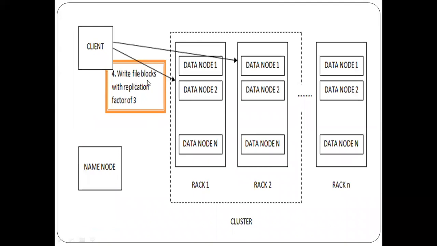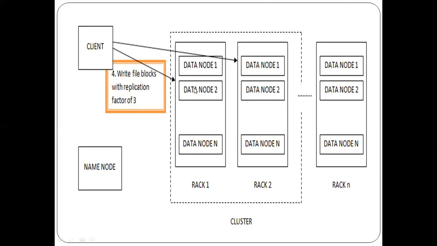Fourth step, client will write the data blocks in the data nodes with the replication factor of 3. Clear? If I take a file having 2 data blocks, 2 into 3, 6 data blocks get stored in different racks.